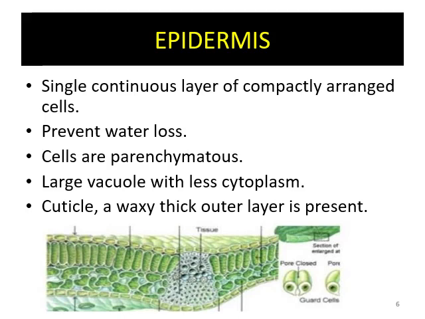As we know, epidermis is composed of a single layer of cells. These cells have different structures and shapes. They may be tubular, isodiametric, elongated, waxy, or rectangular.